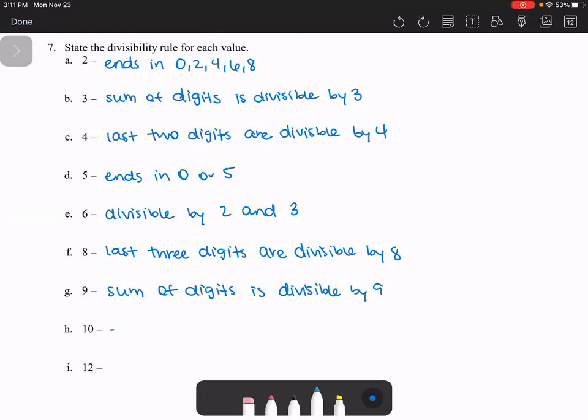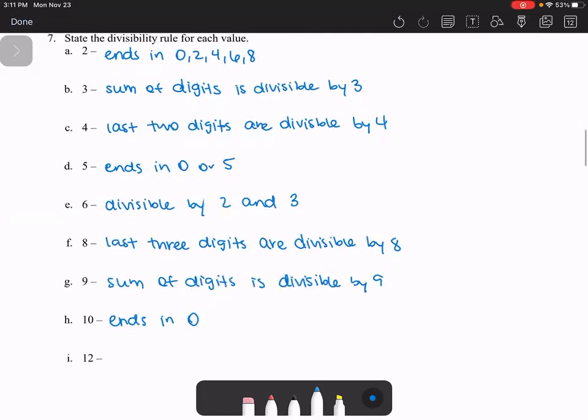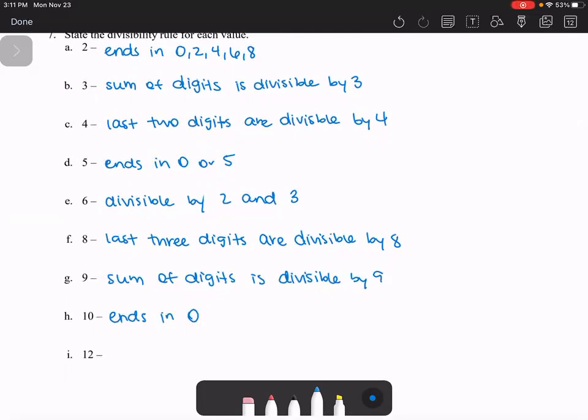For 10, it has to end in a 0 because we work in base 10. And for 12, the divisibility rule is not in the book, but it was in the lecture videos, and therefore you're responsible for all the material in the lecture videos. A number is divisible by 12 if it's divisible by 3 and 4.